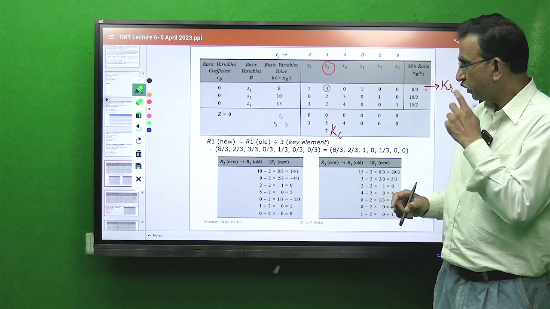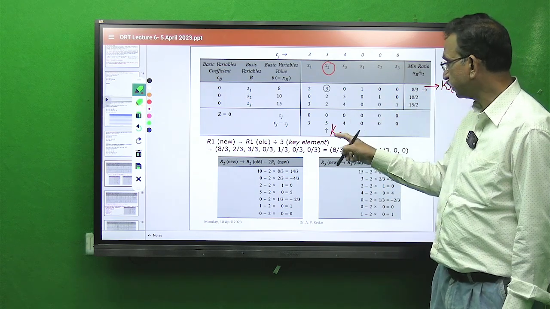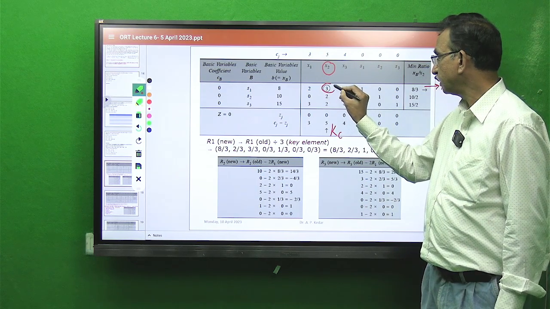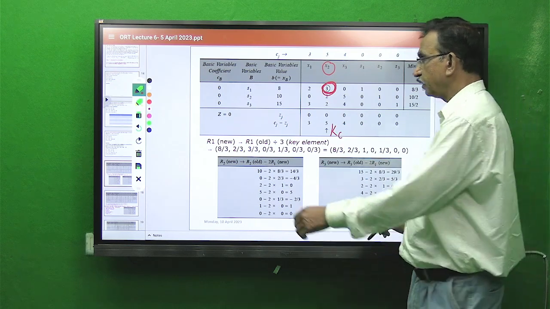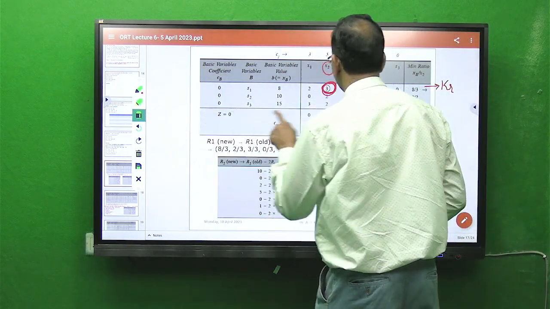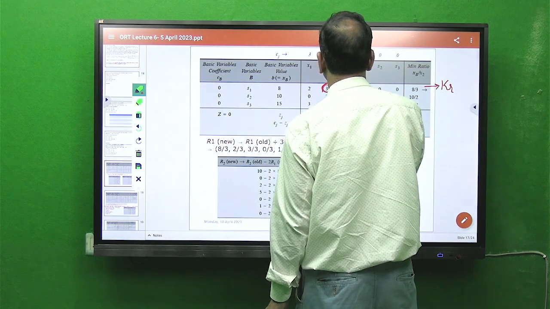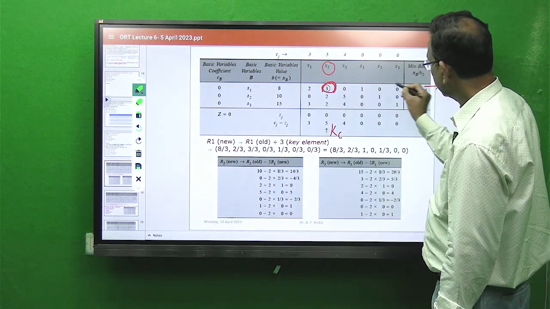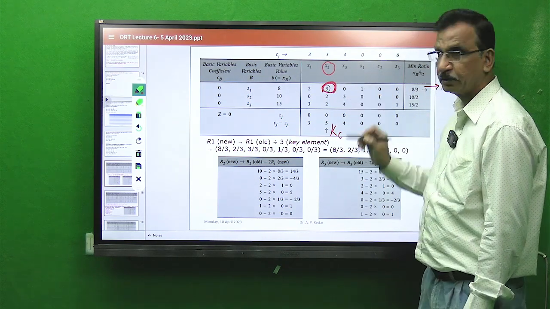X2. Now the intersection point of the key column and key row is referred to as the key element, and here the key element is 3.